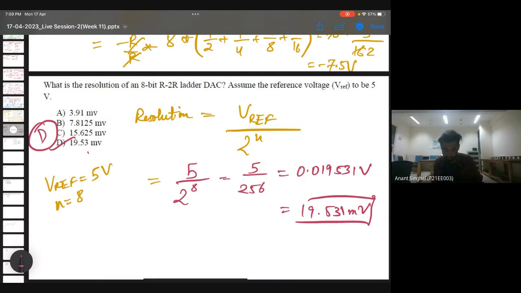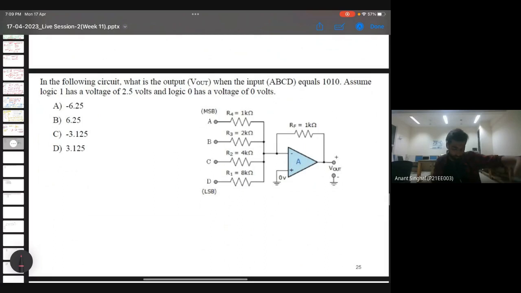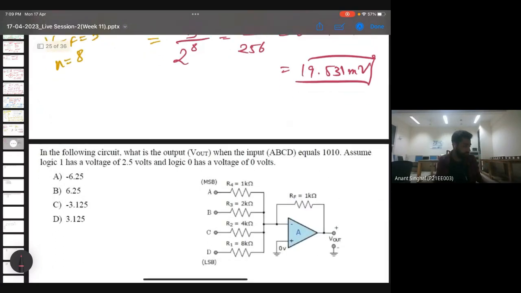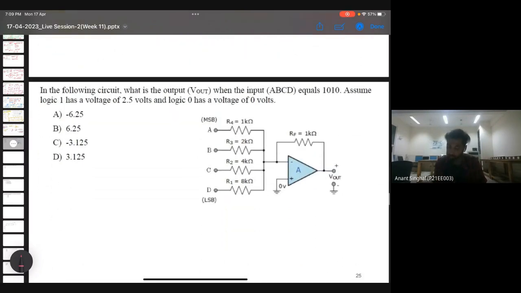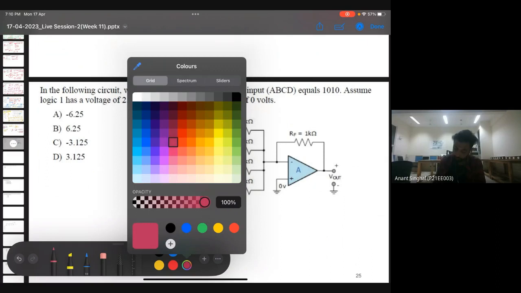Let's start with the next question. It says in the following circuit, which we have done in the last, what is the output V out when ABCD is 1010. This is again an easier question.